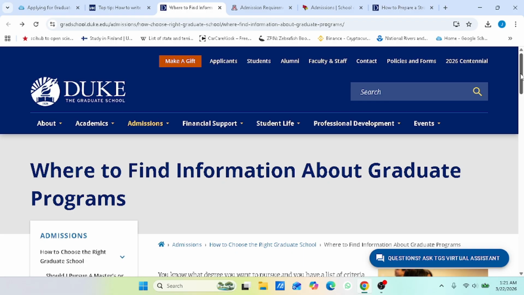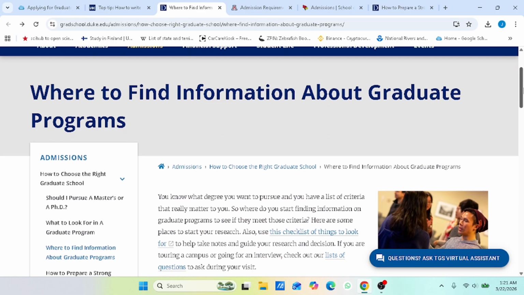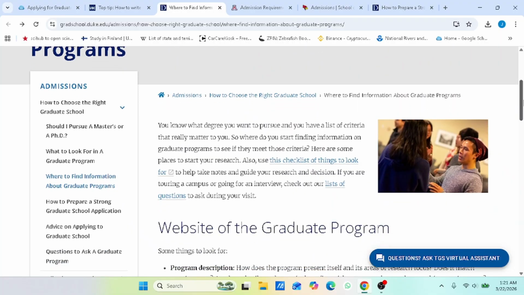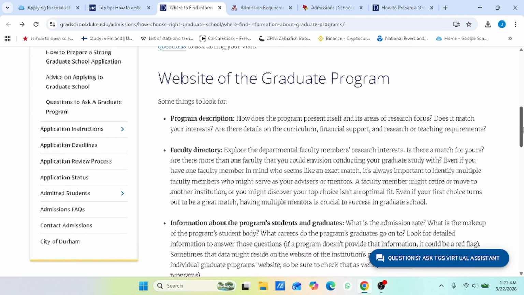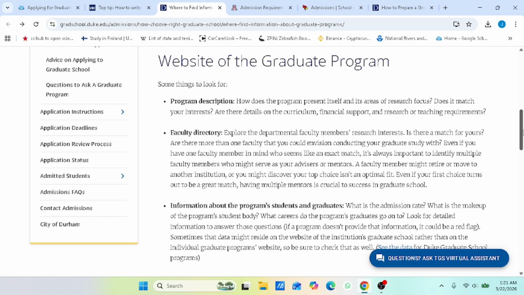Let us see what they have to say. There you are. They are proposing that you find information about your prospective program from the website of the graduate program. You will find things like, number 1, program description.